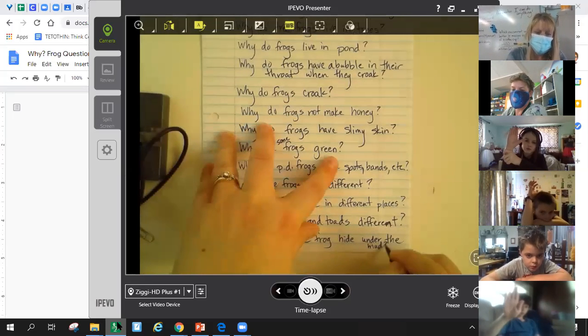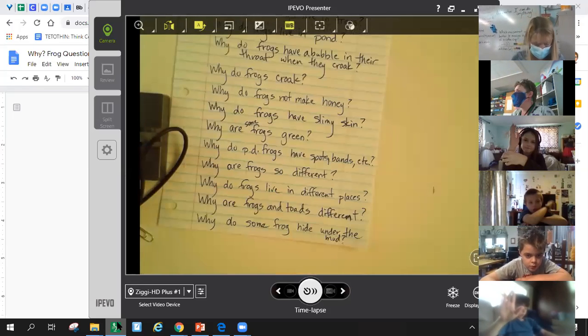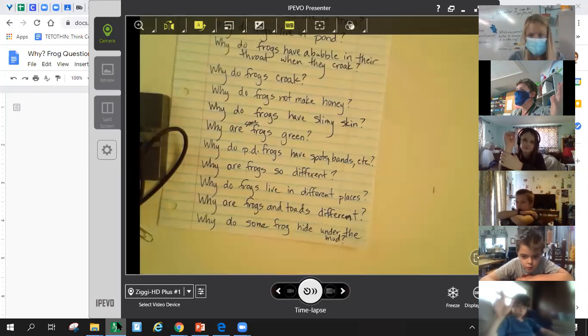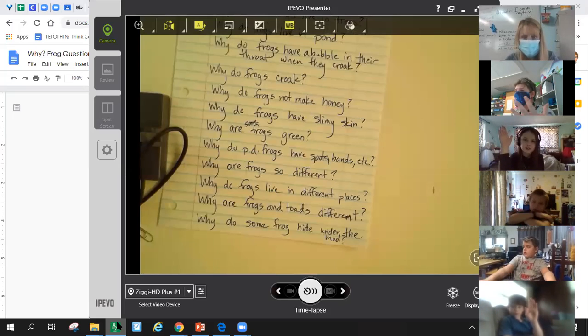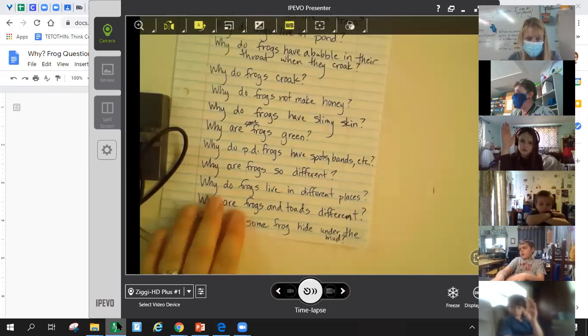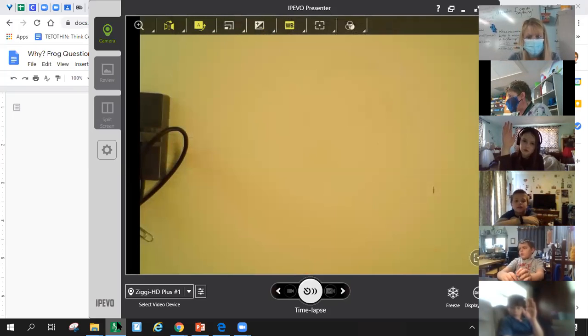I want to point out that usually when I make my anchor chart, the kids run out of ideas before I run out of space. This year, I already have that one list, and now I have another list, and we can even add more to it next time. I do have to stop for now, but that's okay. You guys have great, great ideas. I am so amazed. Mrs. Aubin, they are so creative, aren't they?